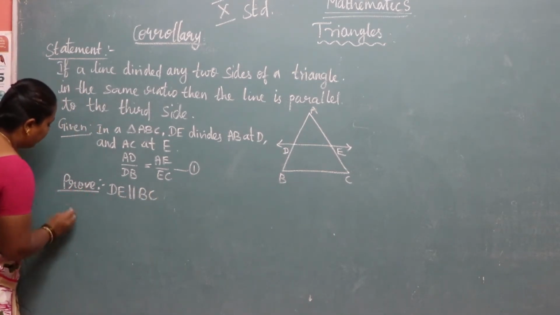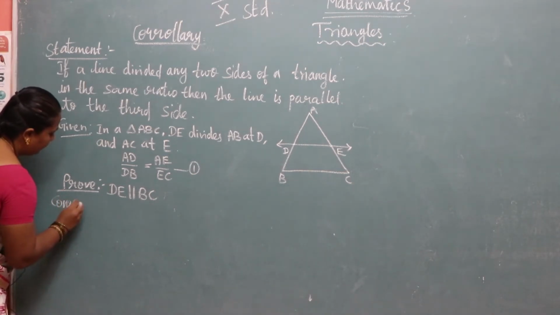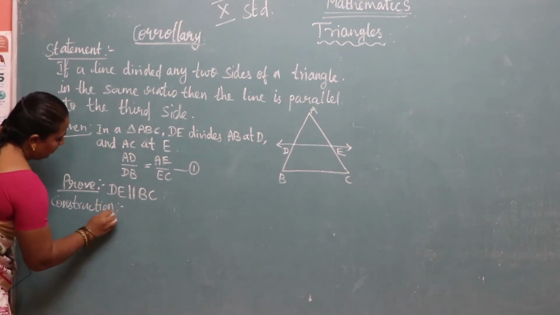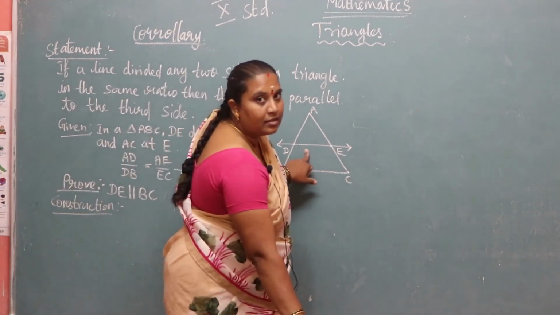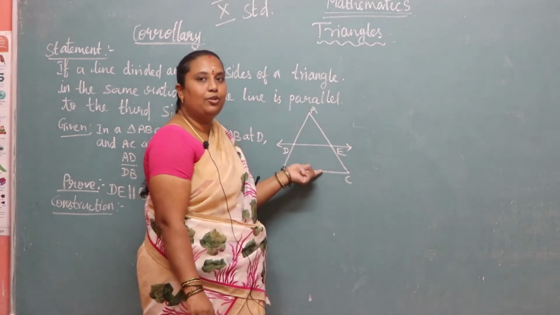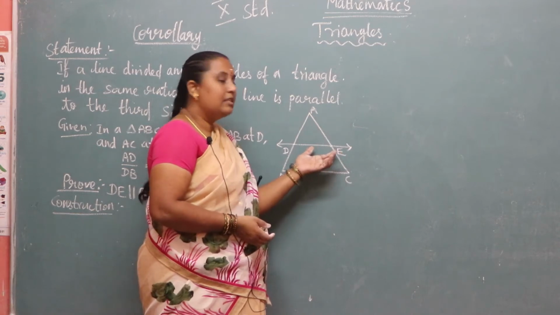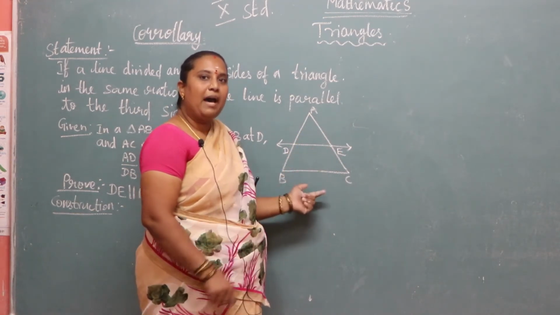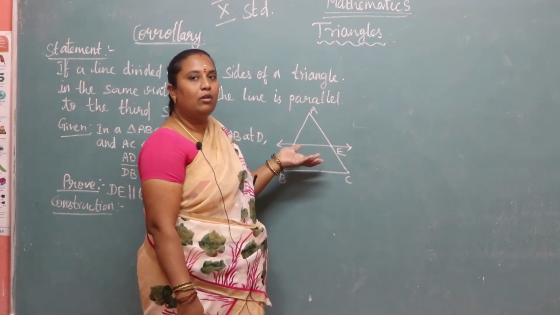Okay, then construction. What do we want to construct here? It is given that these two sides are divided in the same ratio. So we know from the Thales theorem that if a line divides in the same ratio, then that line is parallel to the third side. We know that, but we want to prove it here. How?